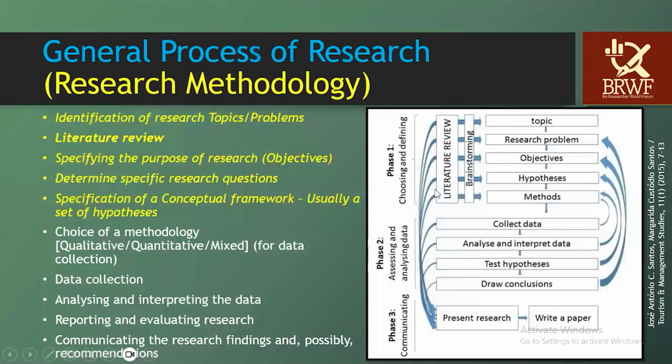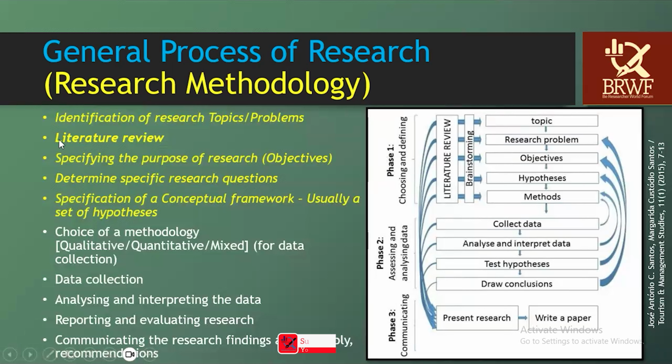But before diving into the lecture, again, we want to remind you of the main focus throughout the whole course. We are trying to cover all the steps to become a researcher, which we call the general process of research or research methodology.